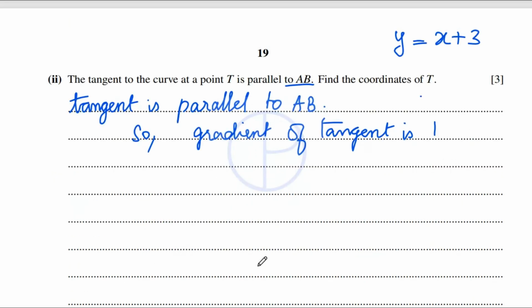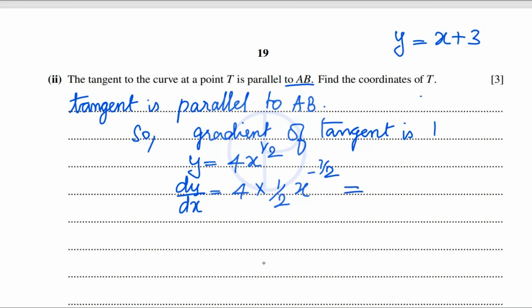And we can find the gradient of the tangent by differentiating the curve equation also. So y is equal to 4x power 1 over 2. So what is dy by dx? The gradient is 4 multiplied by 1 over 2 multiplied by x power negative 1 over 2, and we know this is equal to 1.